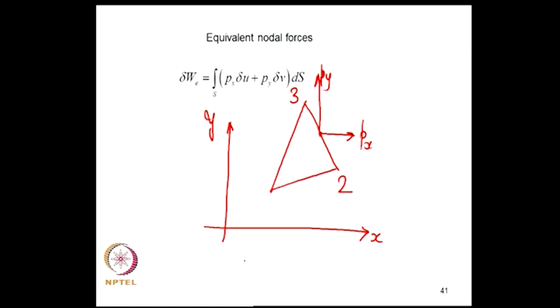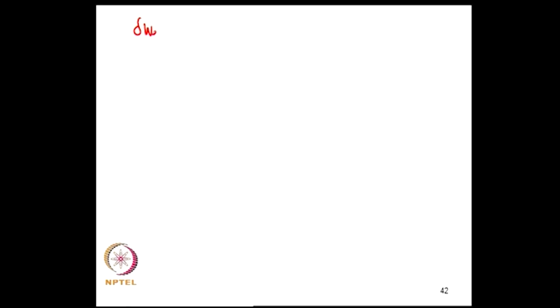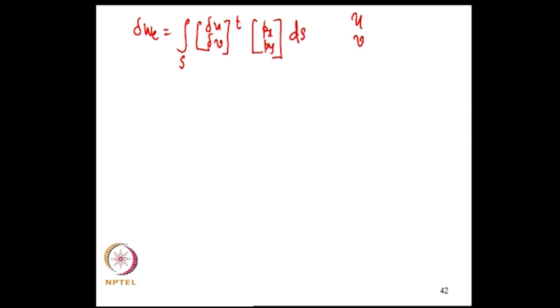First of all, we should evaluate the equivalent nodal forces. So, what we do is we have this over the surface of the element, the integral of delta u, delta v transpose Px Py into ds. Now, we also have the approximation uv which is N into uv.